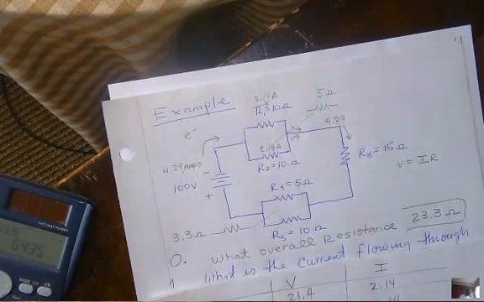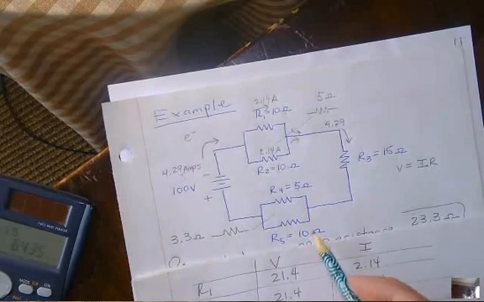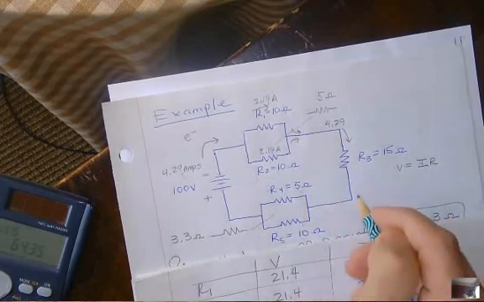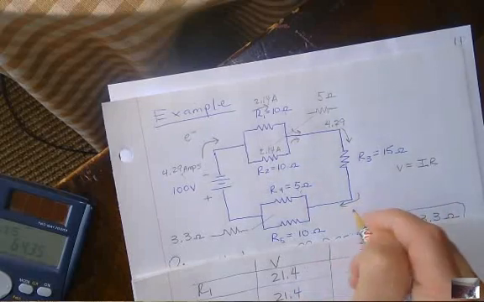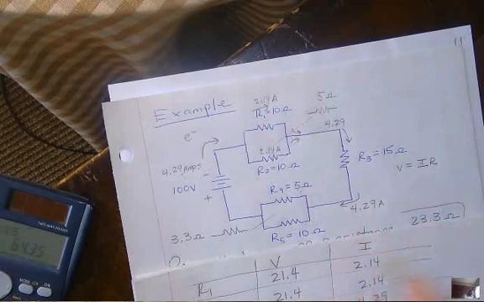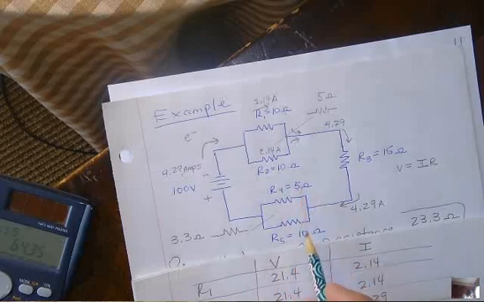So first thing I'm going to do is let me partition this current, right? So we know that 4.29 amps is coming in. This way is twice as hard as this way. You agree? They're not equal. Twice as hard as this way.